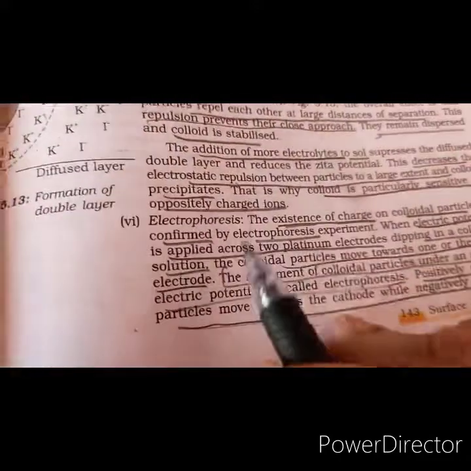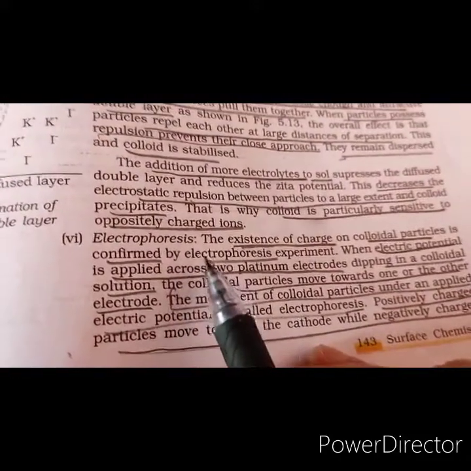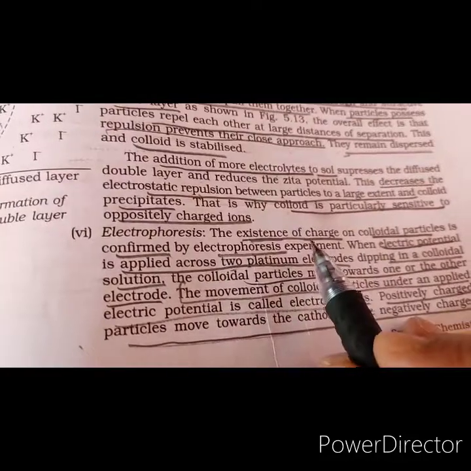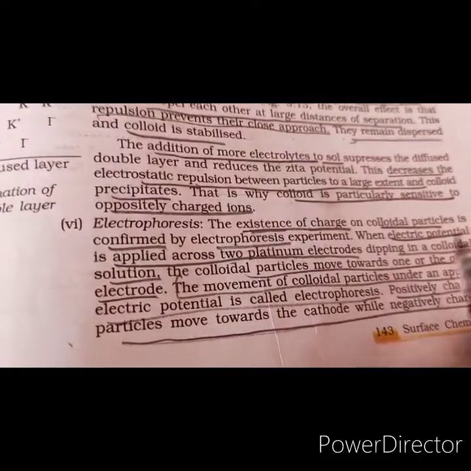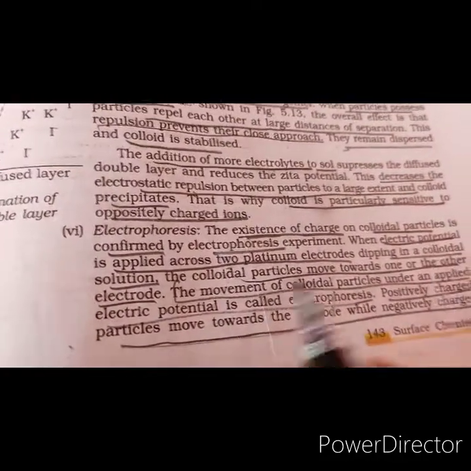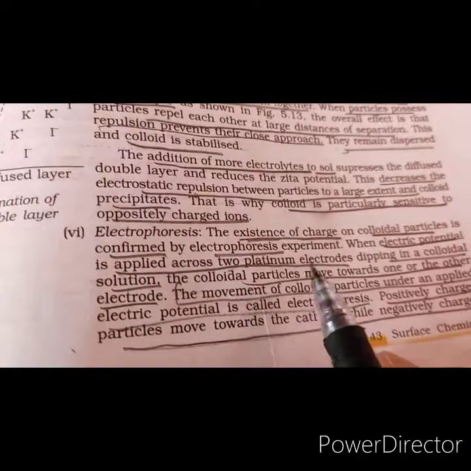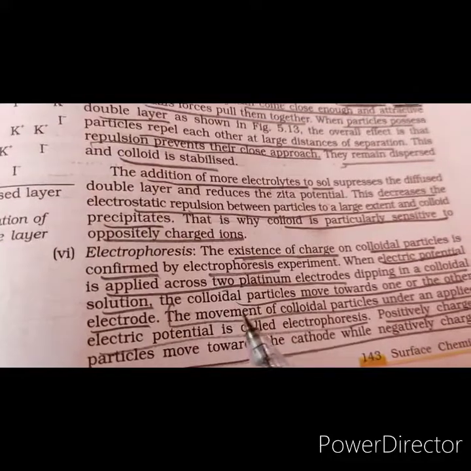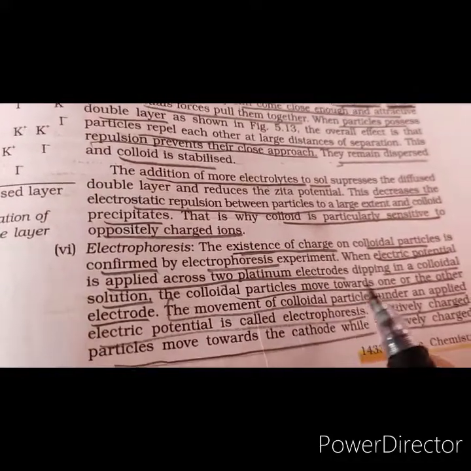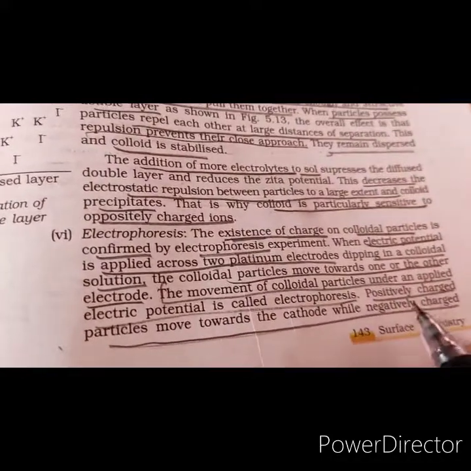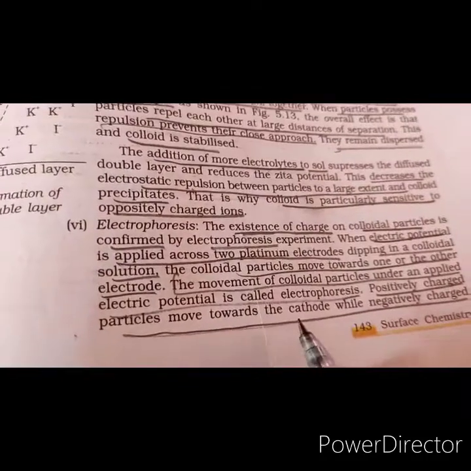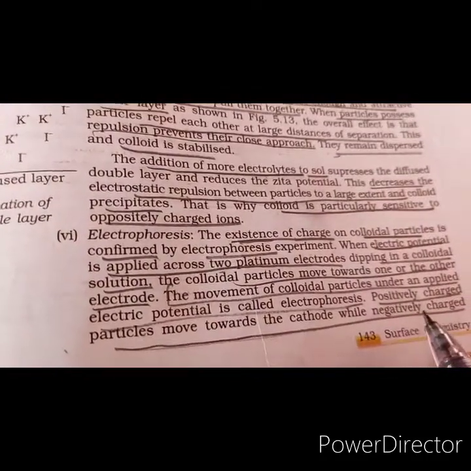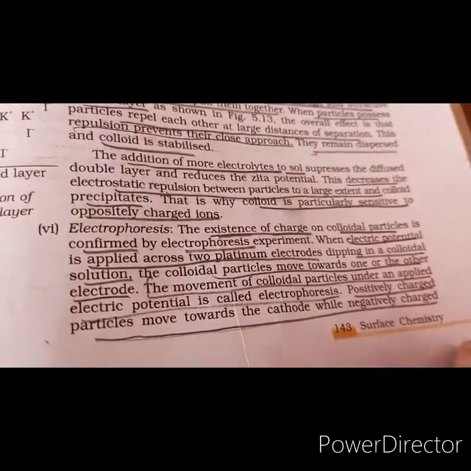Let's discuss electrophoresis. This electrophoresis confirms the existence of charge on colloidal particles. When electric potential is applied across platinum electrodes which are dipped in a colloidal solution, then colloidal particles move towards their respective electrode. The positively charged particle moves towards the cathode and the negatively charged particle moves towards the anode.